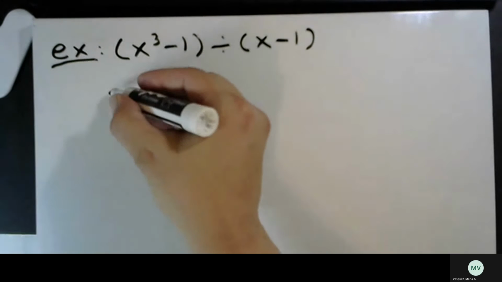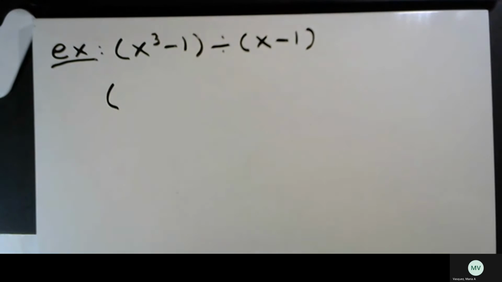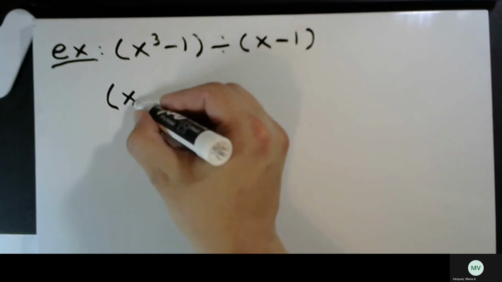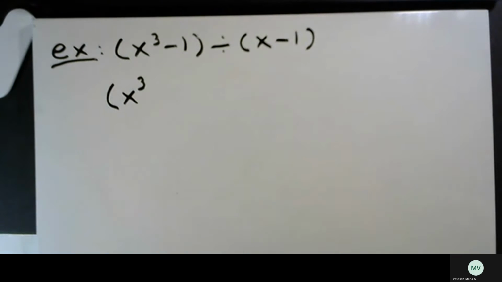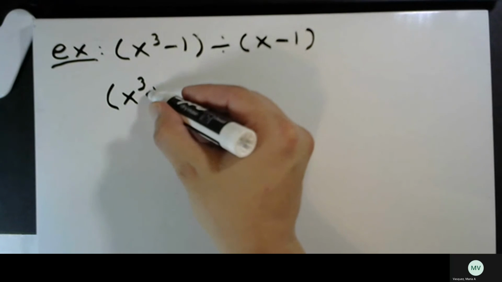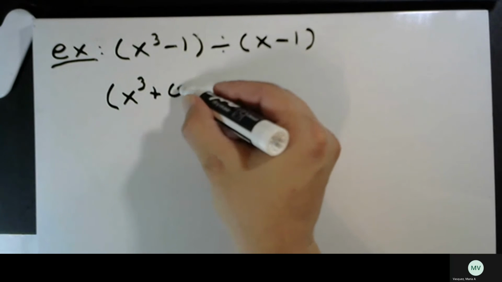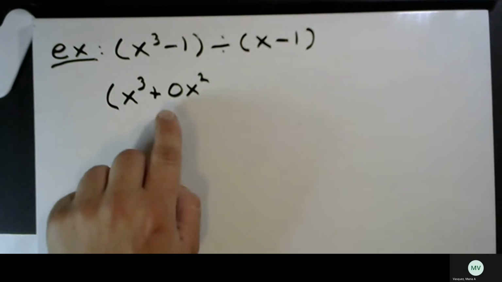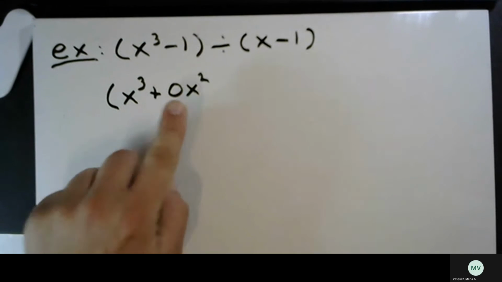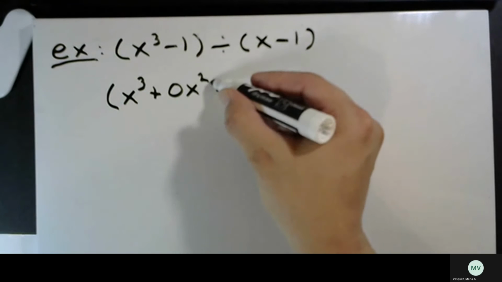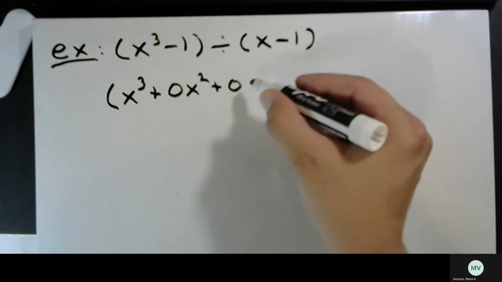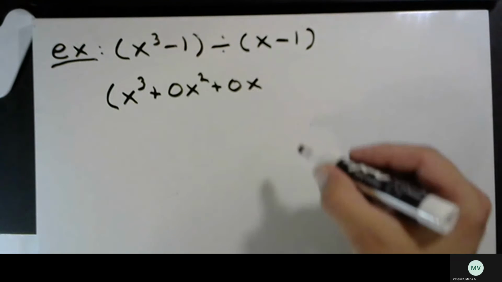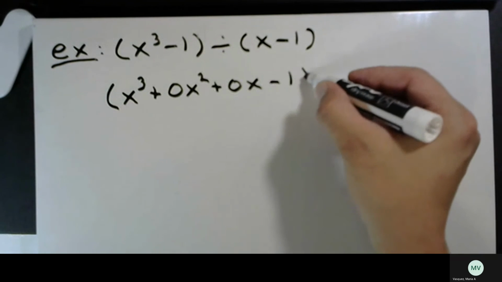This one's missing a degree 2 and it's missing a degree 1. So we want to make sure those in-between terms with those in-between degrees are there. The way we do that is we put in a 0x squared. And again, 0 times anything is going to be 0. We put in a 0x minus 1.